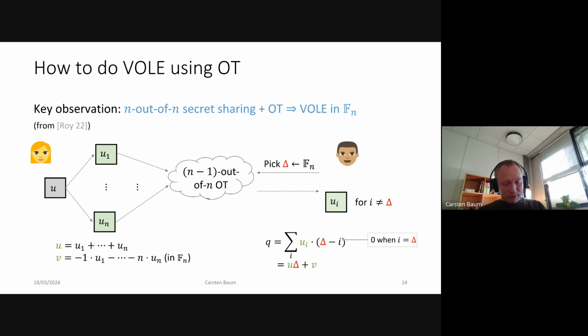Okay, now oblivious transfer is an interactive primitive, it doesn't allow me to build a non-interactive zero knowledge proof.